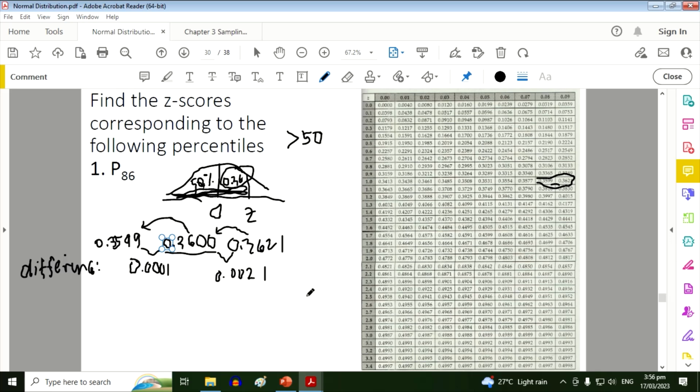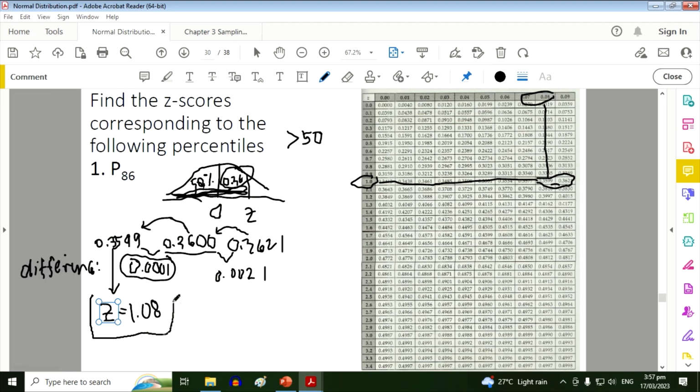Since we choose which of these two is nearer to 0.36, we choose the smaller difference, which is 0.0001. Therefore, we take the z value of 0.3599, which is 1.08. Since it is on the right side, it is positive. So our final answer for this percentile is 1.08.